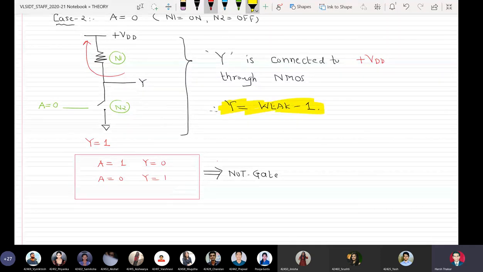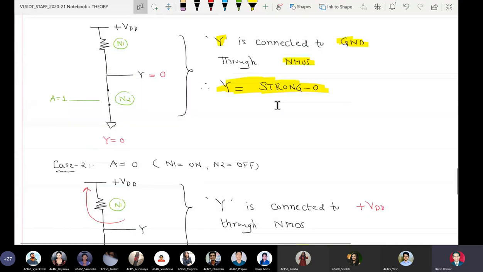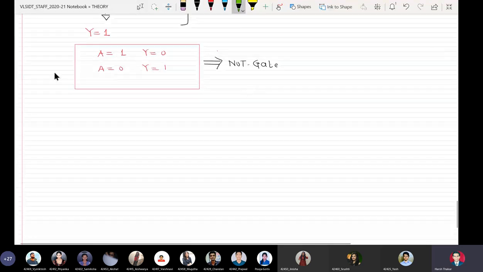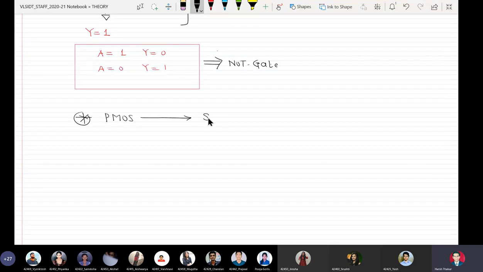So we can say this is bad and this is good. Getting me? So I will just make a note here. PMOS gives strong 1, weak 0.